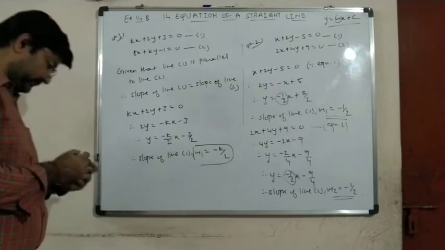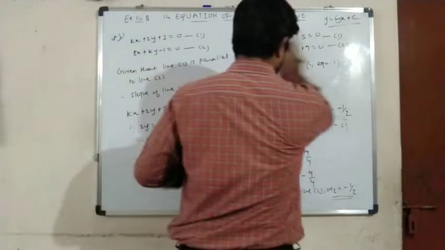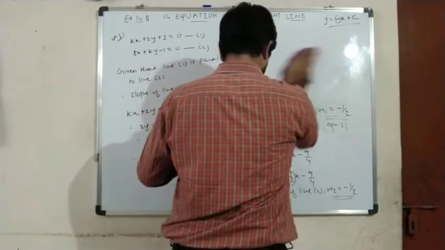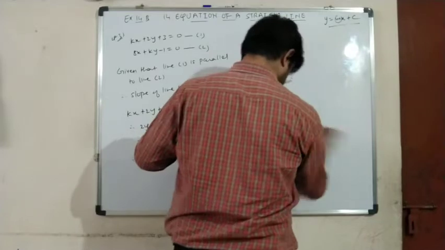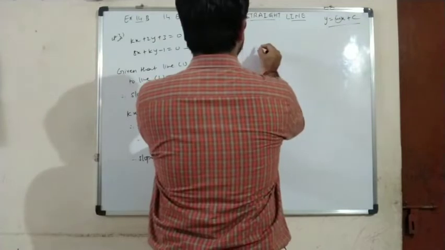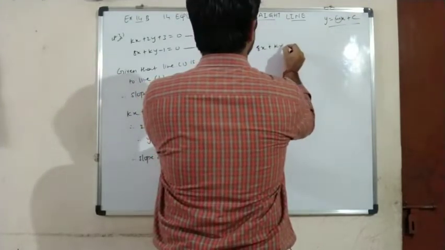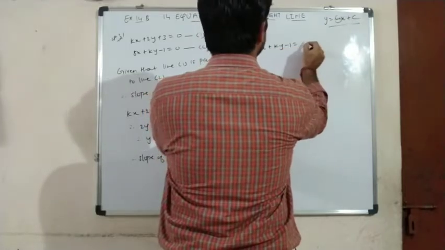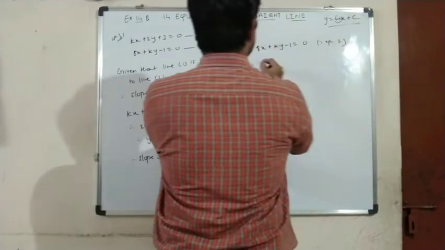Okay, now let us find out the slope of the second line. We are given the equation of the second line is 8x plus ky minus 1 is equal to 0. This is the second equation.